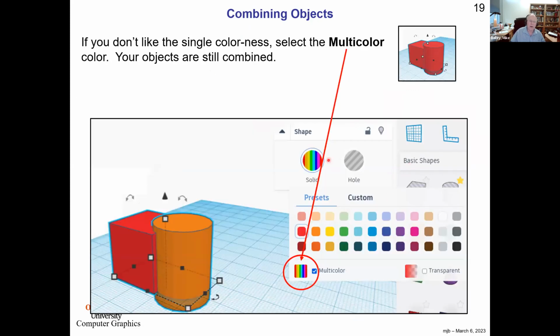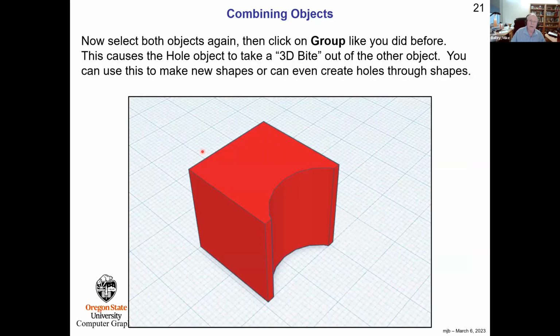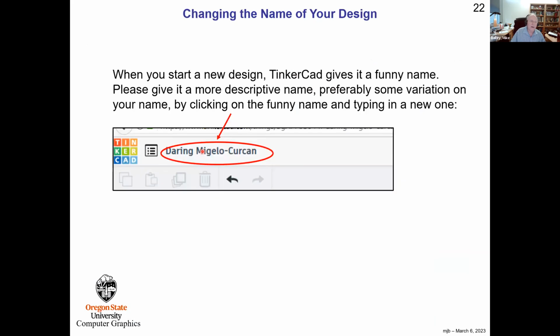But if you go to colors and click on this multicolor icon, they go back to their original colors, but they're still grouped. I think that's in some ways confusing. If they go back to their original colors, are they still grouped? Yes, they are. And here, you click on hole, you make it a ghost object, you do the grouping again, and it takes a bite out of it, and you can do a lot of things.